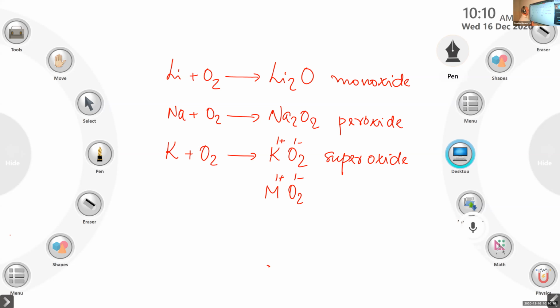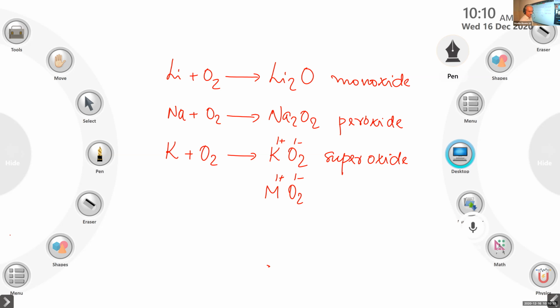In the superoxide, the metals potassium, rubidium, and cesium have +1 oxidation state. The superoxide ion is the O2 -1 ion.